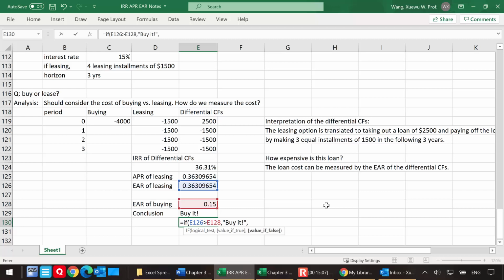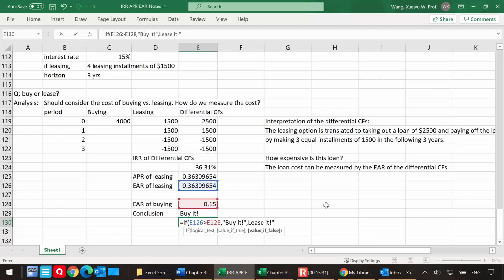I want Excel to return this value if the logical test is true. On the other hand, if the logical test is false, maybe in some other context, then essentially the cost of leasing is actually lower. So I should say lease it.